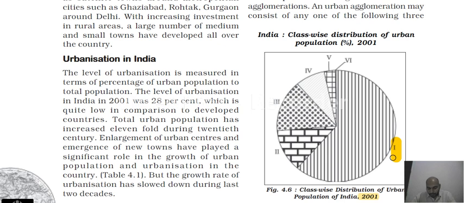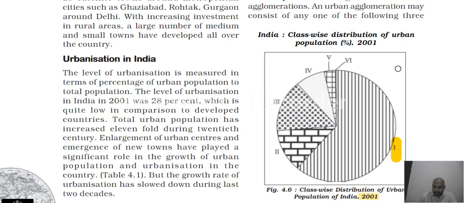If we are talking about 2011 data, it is mentioned here 2001, but in 2011 data, you will find that 60% of the urban population lives in class 1 towns.